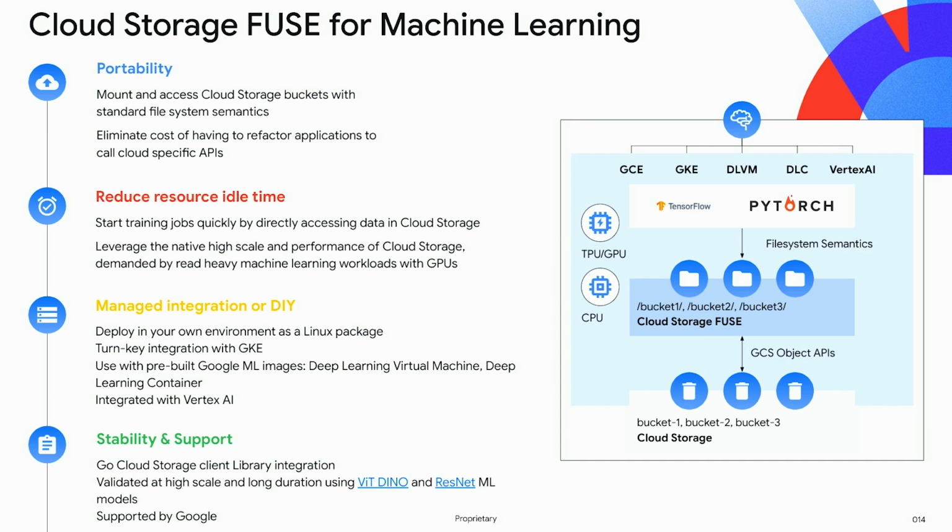And it's also a vehicle for us, as infra people, to pass on infra optimizations to our customers over time while you keep your data in the same familiar place, which is GCS. So one such optimization is we reduce your resource idle time. For example, if you're using the SDK, you have to wait for your data to download. But with Fuse, data is automatically streamed, so your training can immediately kick off.